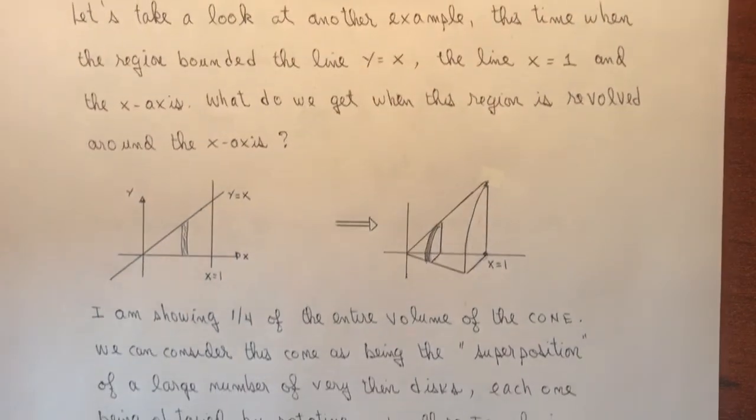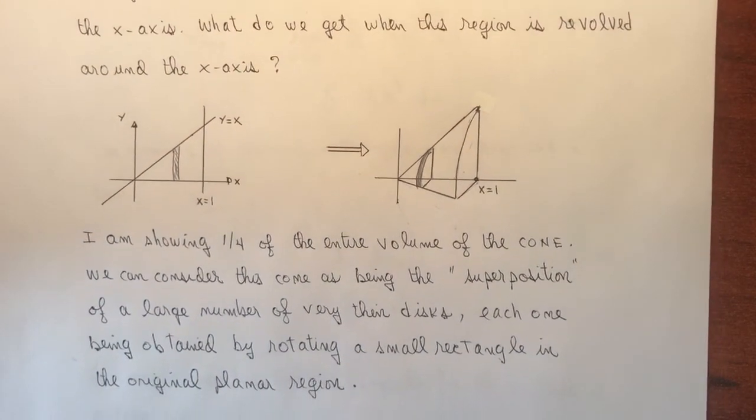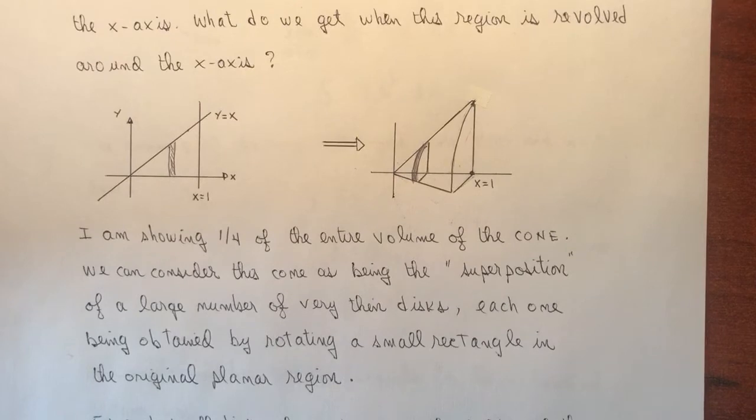So I'm really showing 1/4 of the entire volume. The idea now is to consider the cone as being the superposition of a large number of very thin disks, each one obtained by rotating a small rectangle in the original planar region.